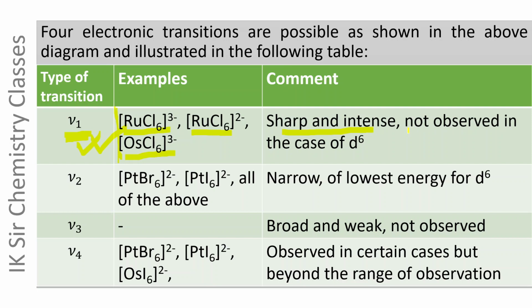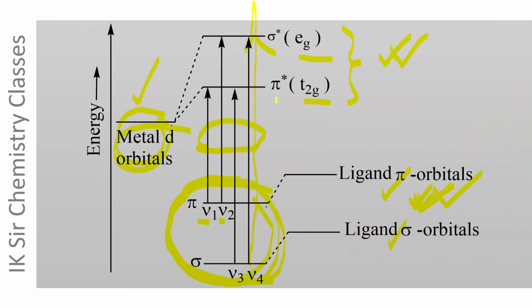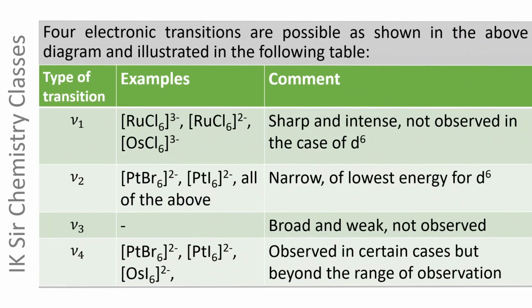but these are not obtained in the case of d6, because in the case of d6 transition metal complexes, these pi star MOs are completely filled. In the case of d6 transition metal complexes, the T2g set of orbitals, that is pi star MOs, are completely filled, and hence this electronic transition is not possible in the case of d6 transition metal complexes containing 6 X minus ions.